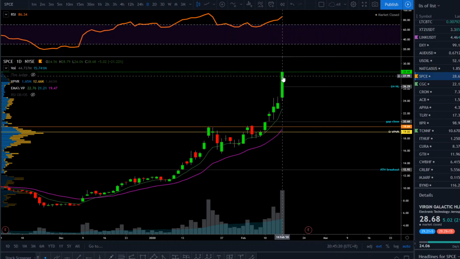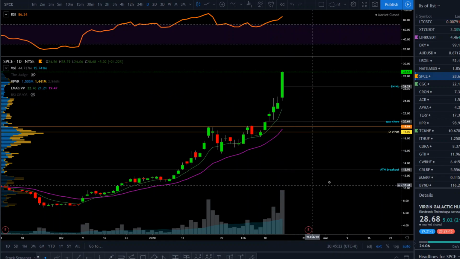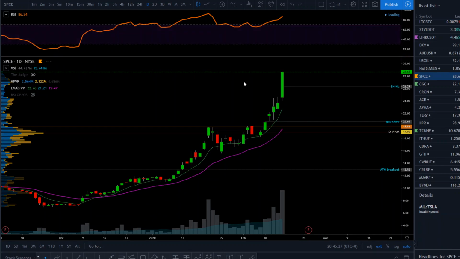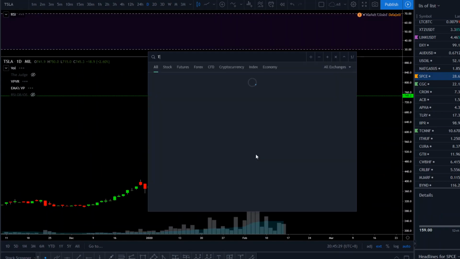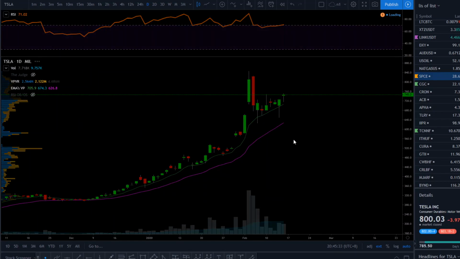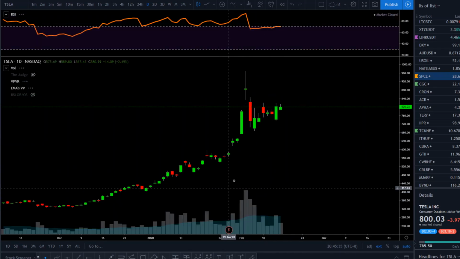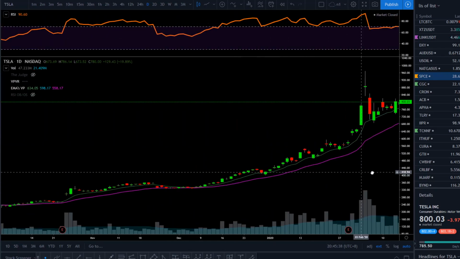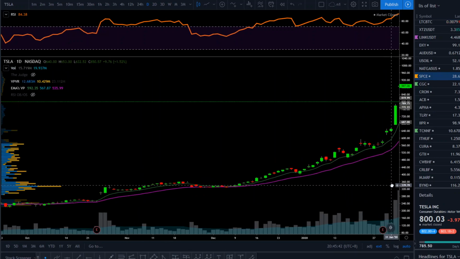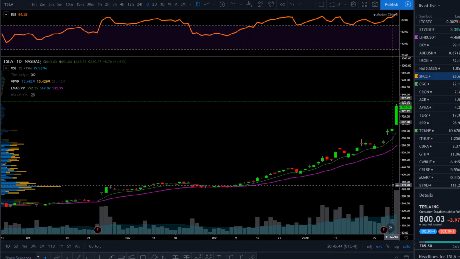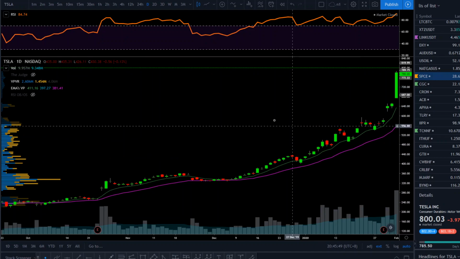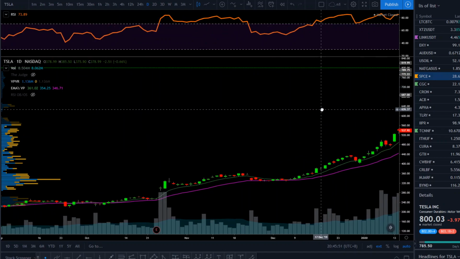Have a look at this candle here. Have a look at this volume and just compare it to Tesla. So that candle is basically this candle here, boom, or even this candle here.